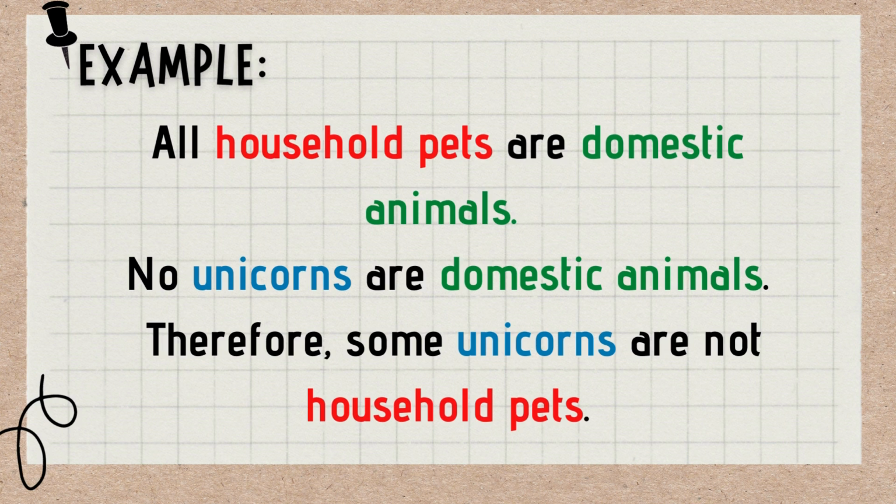The conclusion, some unicorns are not household pets, belongs to the O type proposition, which is particular negative. What does the existential fallacy mean? From two universal premises, we should not conclude a particular proposition. In this example, the syllogism has two universal premises and a particular negative conclusion. So this syllogism has committed an existential fallacy.